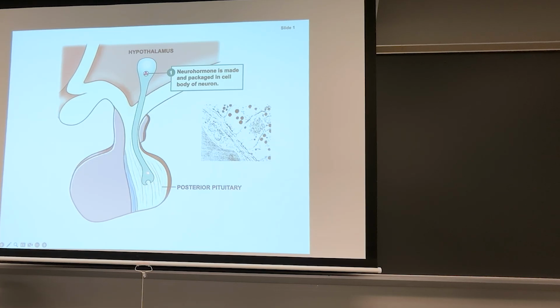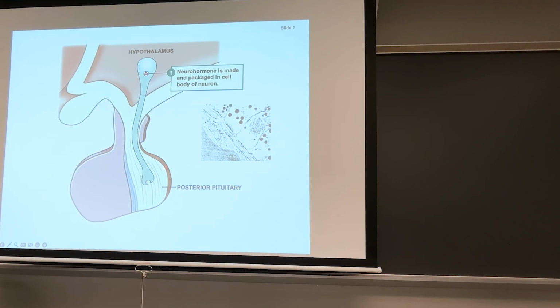And they simply release their product into the interstitial fluid, and then that will enter the bloodstream directly. When you look at the posterior pituitary under a light microscope, you're going to see a bunch of striations or stripes that are the axons.